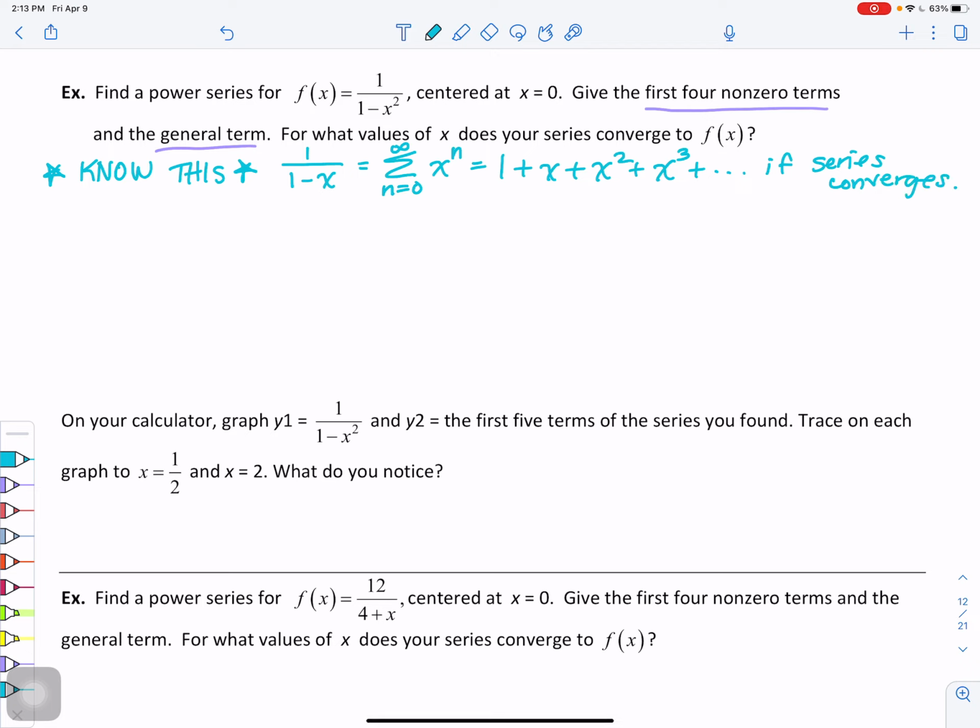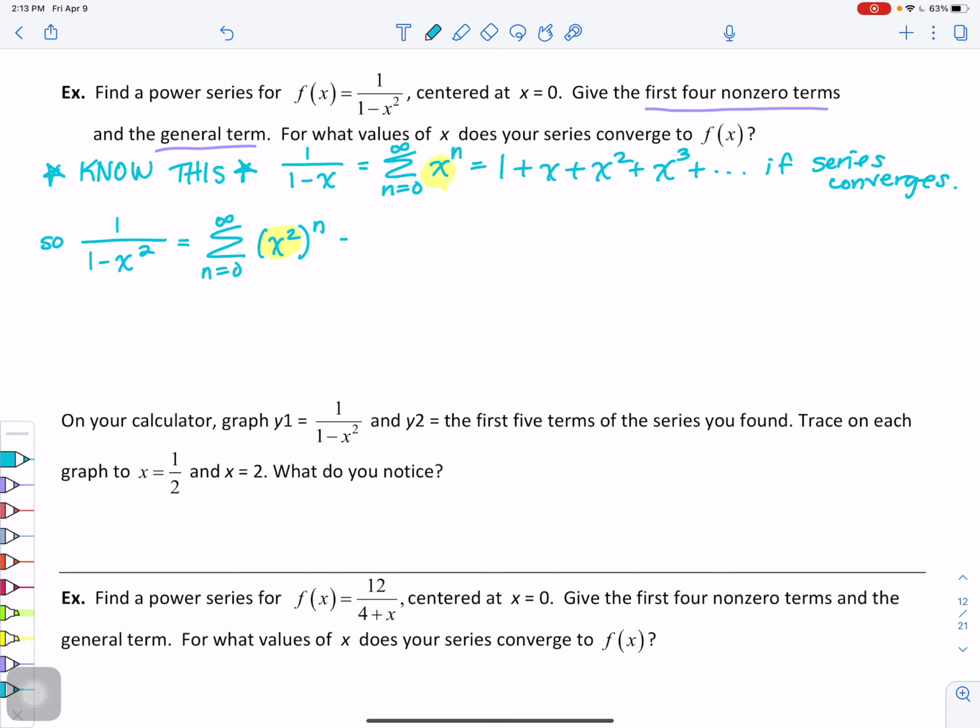Okay, so what could you say? 1 over 1 minus x squared is equal to the sum, n equals 0 to infinity, of x squared to the n. So our x is x squared.